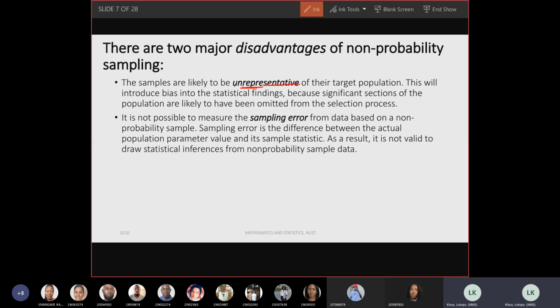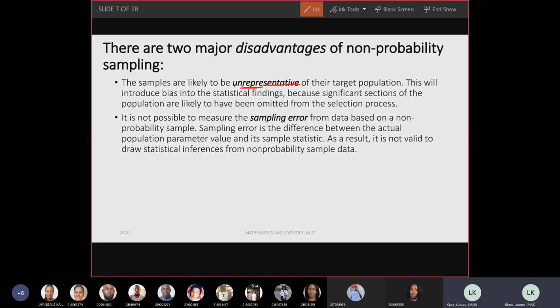Okay. So one of the disadvantages of non-probability sampling methods is that it is unrepresentative. Because like I was saying, if you are picking elements that are to be part of your sample based on your judgment, you obviously have a bias. So sometimes you look at a person, this person will probably give me the answers that I'm looking for, then you select them to be part of your sample.